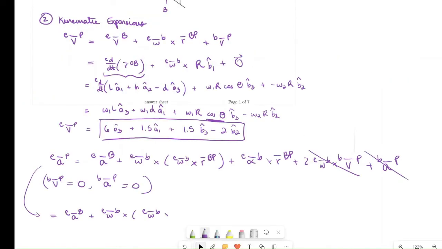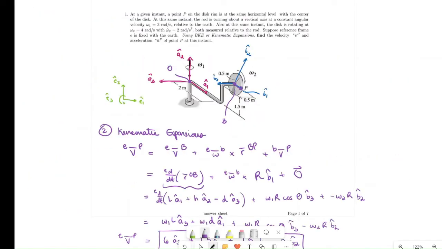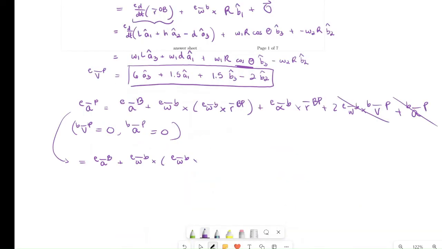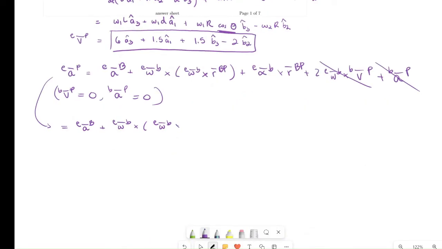So we said that B is this point here. So from B to P, it's R B1 hat. I think my computer just breaks every time we get to acceleration expansion, which is not entirely invalid because this is quite messy.